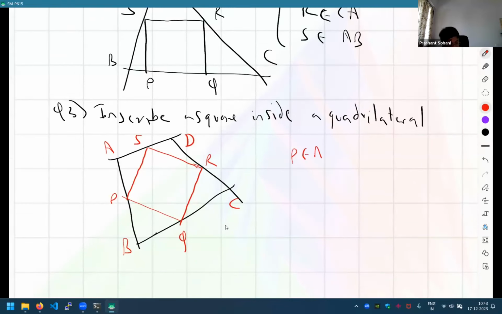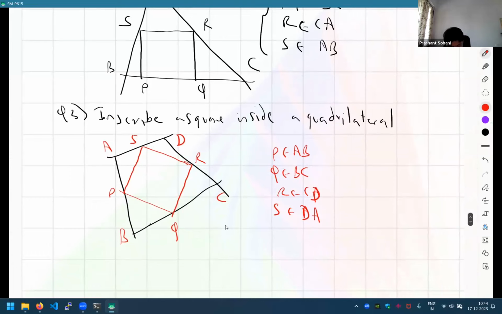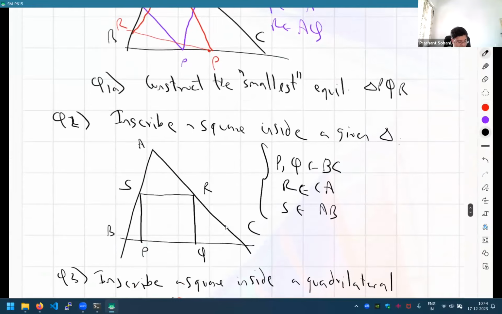So each point lies on one side. Okay, so question 1A, then question 2, and finally question 3.